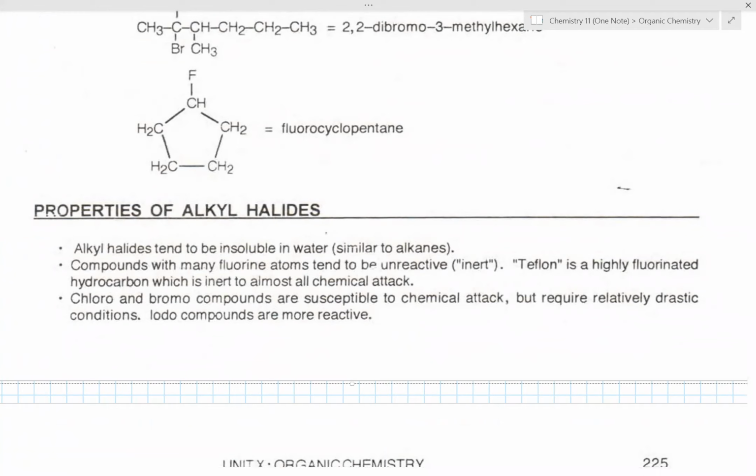Teflon is a highly fluorinated hydrocarbon, which is inert to almost all chemical attacks. This is why Teflon is considered non-stick. The reason why it is non-stick is because it is not reacting with anything. But there is a problem with Teflon. So what is the issue with Teflon?